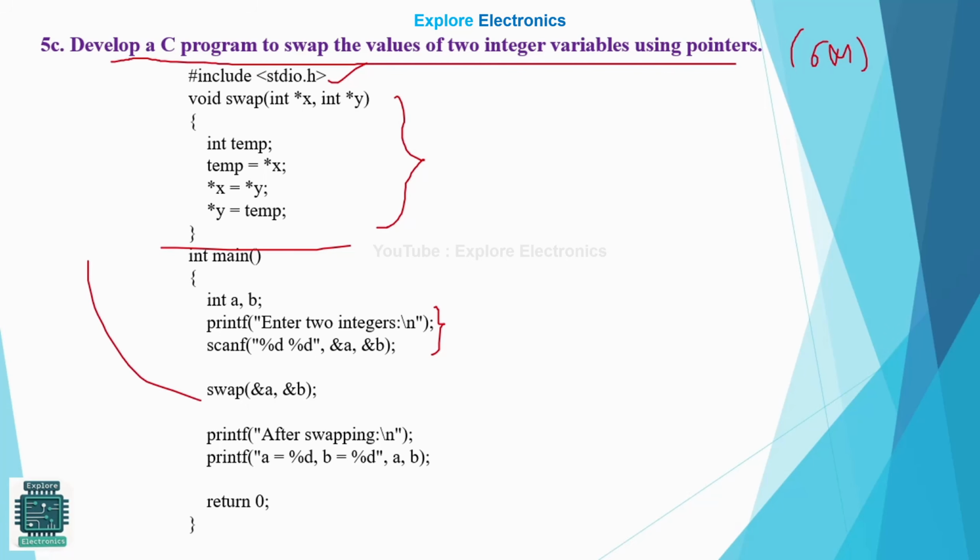Here swap calls this function and performs the operation, meaning swapping of the two integer variables. To store temporarily we use another variable called temp, like temporary storage. After swapping, it comes back, displays, and stops the program. This is a simple program to swap the values of two integer variables.